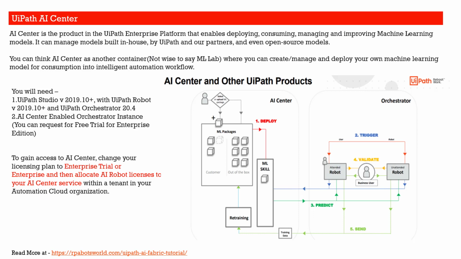So it will predict, or if you need to trigger something like the human-in-the-loop concept, where you need to create some approval mechanism or need somebody to validate it, you should also be able to create a task in Action Center, or present a validation station if you are running an attended bot. If you are running an unattended bot, you should be able to create a task in Action Center.